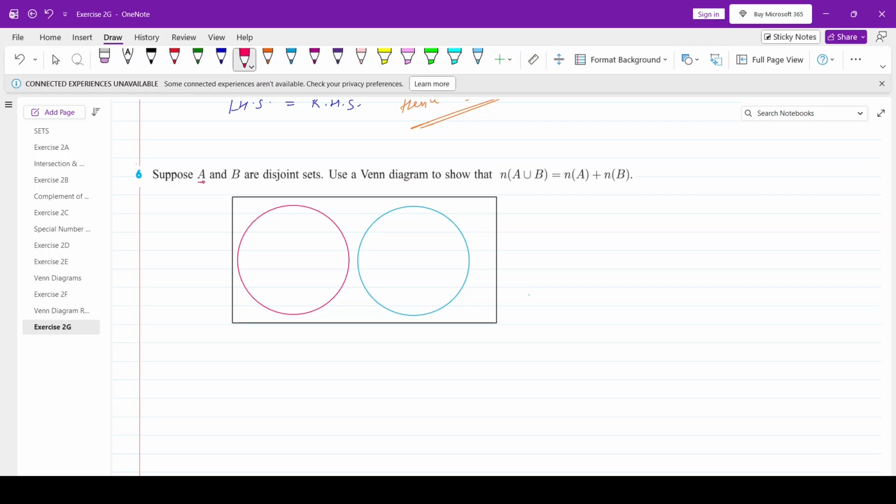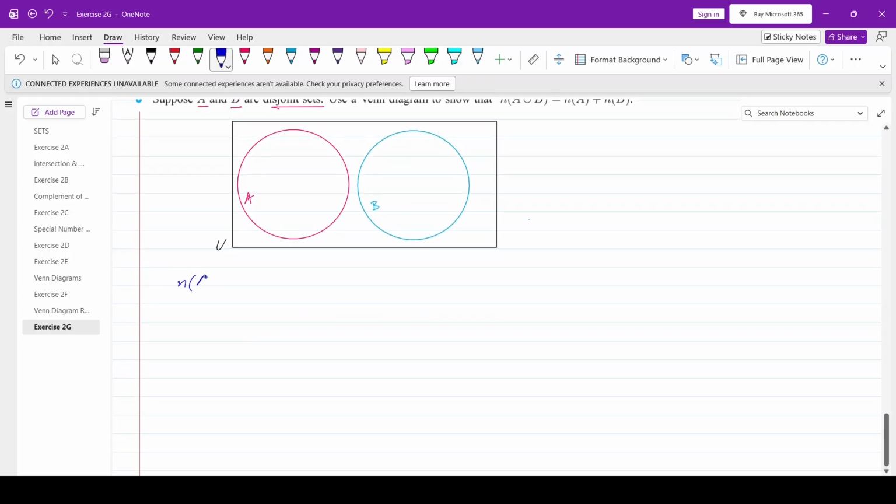Now the question says A and B are disjoint sets. So this is A, this is B, and they don't overlap each other. This is what disjoint sets mean. And this is the universal set. Now we know the number of elements in A union B is the number of elements in A plus the number of elements in B minus the number of elements in A intersection B. This is a formula.